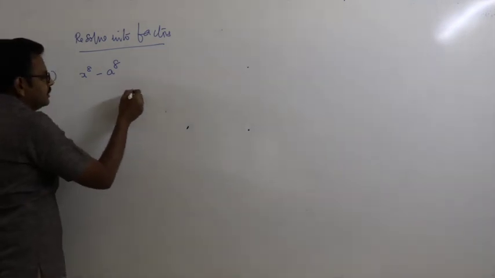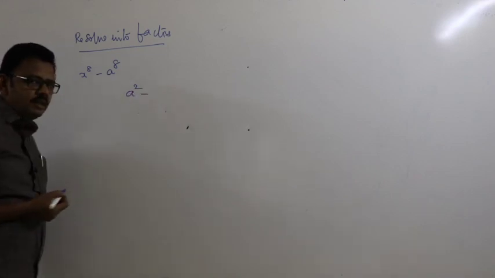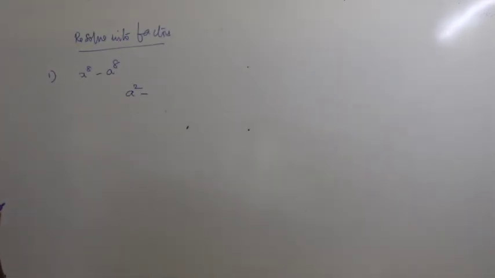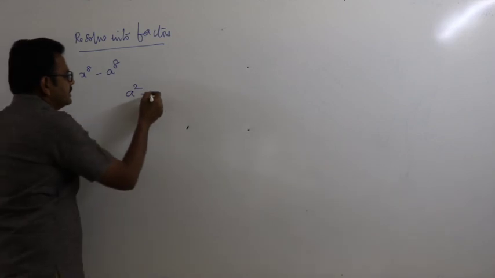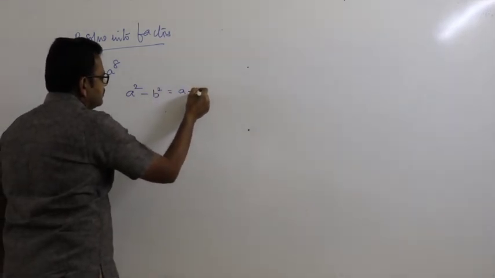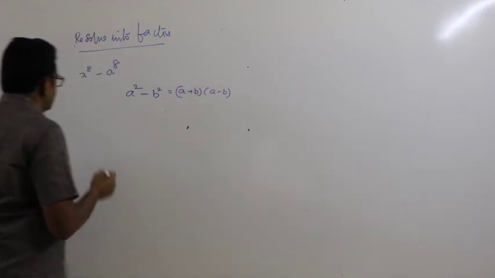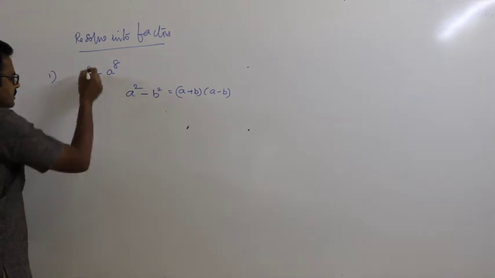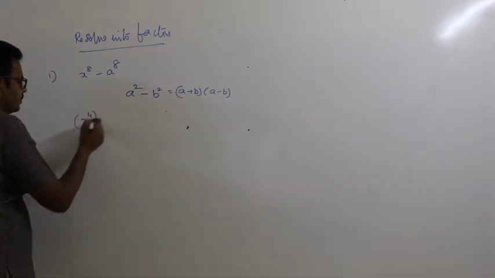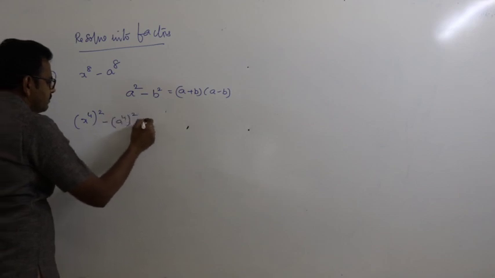Already we discussed these formulas, algebraic identities. It's very important. a square minus b square is equal to a plus b into a minus b. So this is x to the power of 4 whole square minus a to the power of 4 whole square.